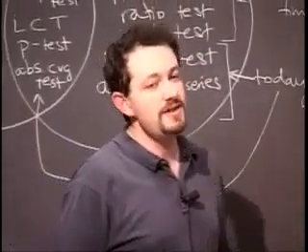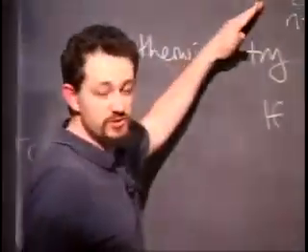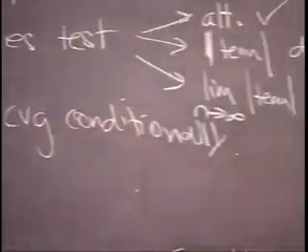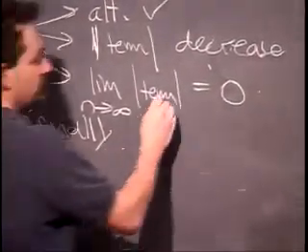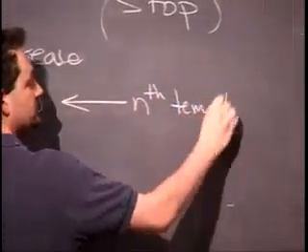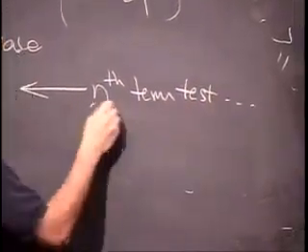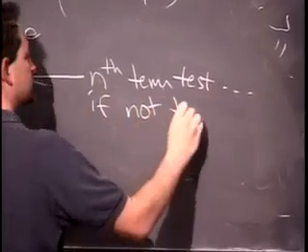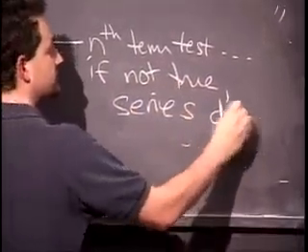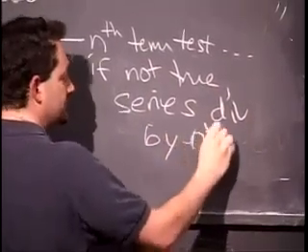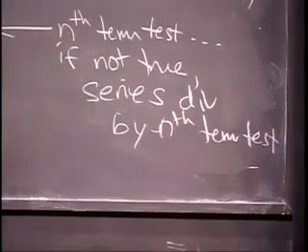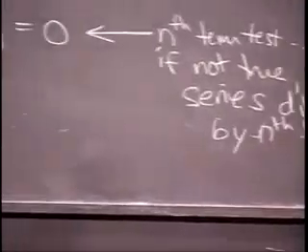Now, what if it doesn't converge absolutely and one of these things fails? Well, if it's this that fails, this is actually the nth term test, believe it or not. If not true, then the series diverges by the nth term test. So one of these three conditions is already the nth term test, which we already know.